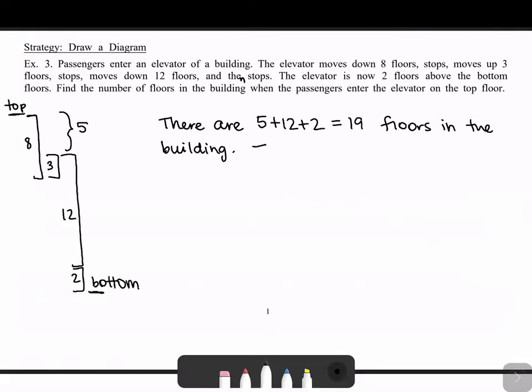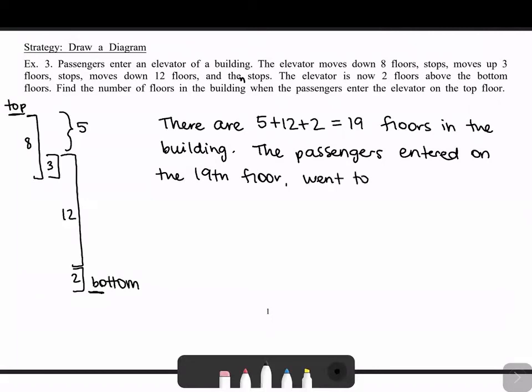The passengers entered on the 19th floor and then they went to the 11th and then they went to the 14th and finally down to the 2nd.